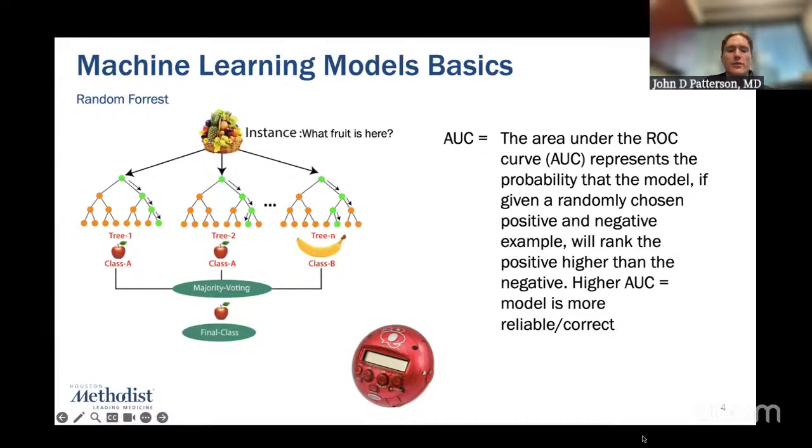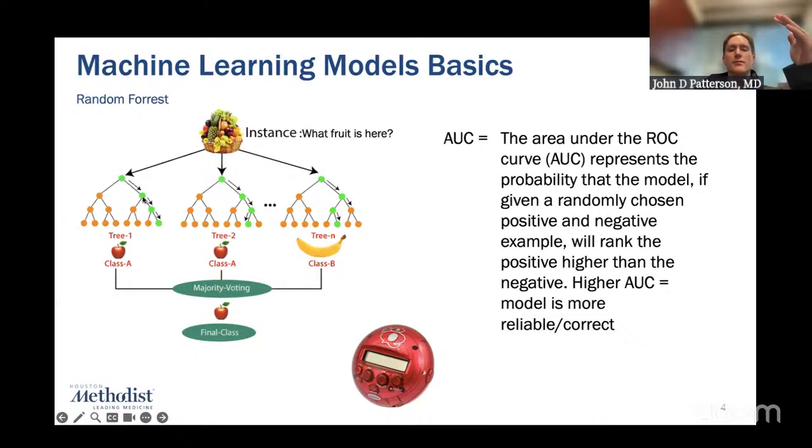So this is just some background on what random forest is. It's one of the more popular models when looking at machine learning and these algorithms within healthcare. It's called the forest because you have these little decision trees that are all yes or no questions. In this instance, if you ask it what fruit is here, it may go through: is one of them red? Okay, yes.